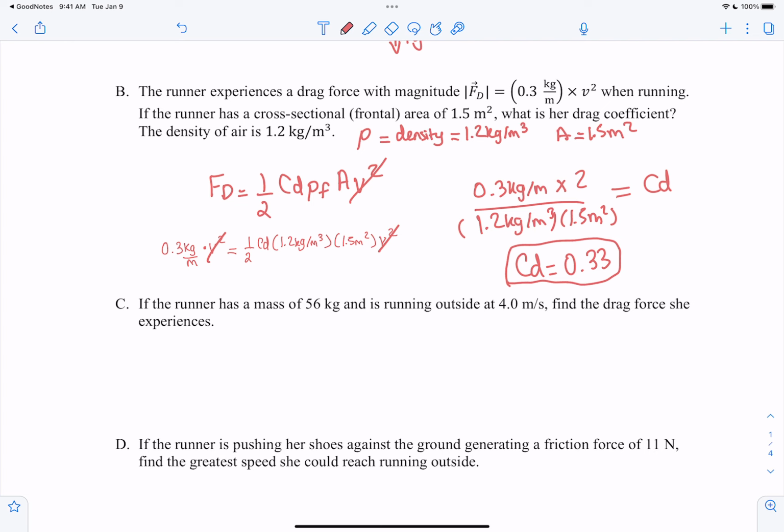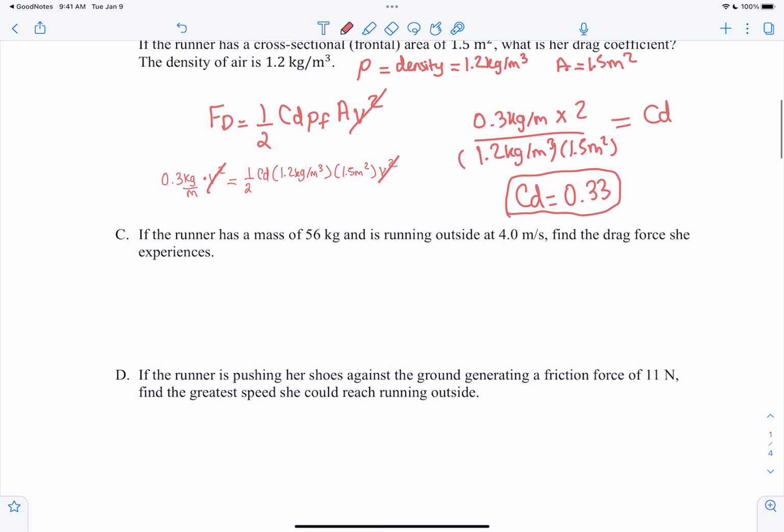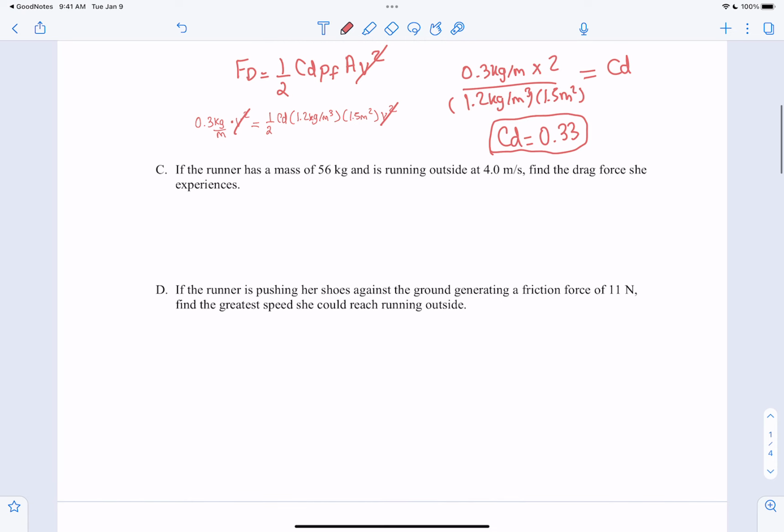Okay, sounds good. So part C now is asking, if the runner has a mass of 56 kilograms and is running outside at 4 meters per second, we need to find the drag force she experiences. So we have mass of 56 kilograms, right? And she's running with a velocity of 4 meters per second, right?